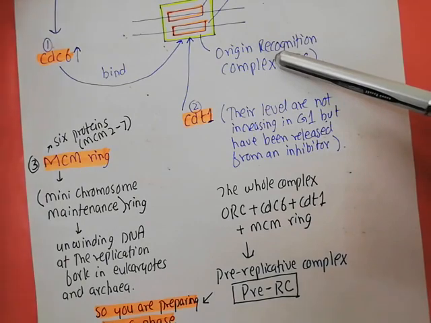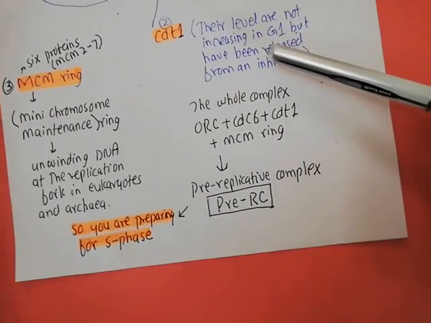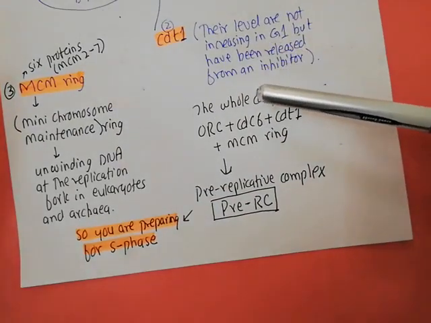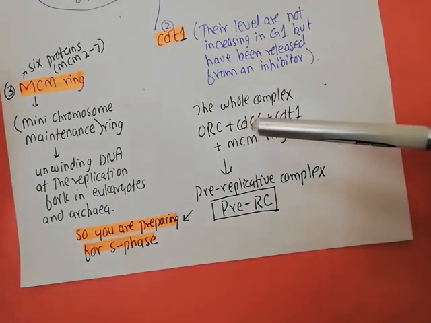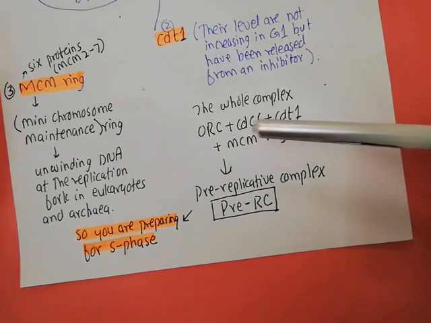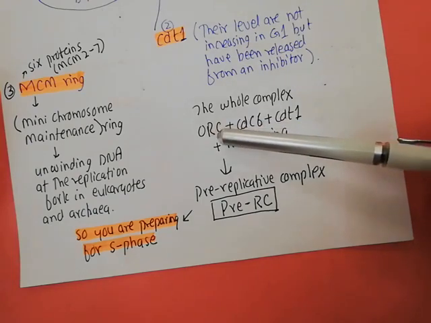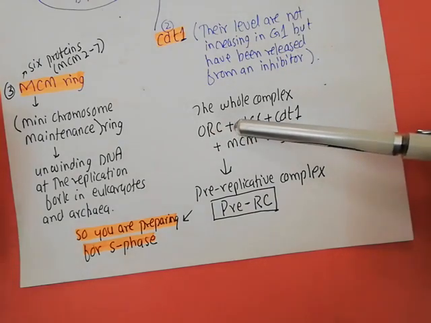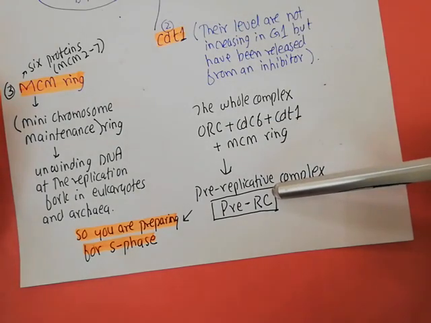And when you talk about the binding of the Cdc6, the CDK-4 and the MCM ring to the origin recognition complex, this whole complex is known as the pre-replicative complex.